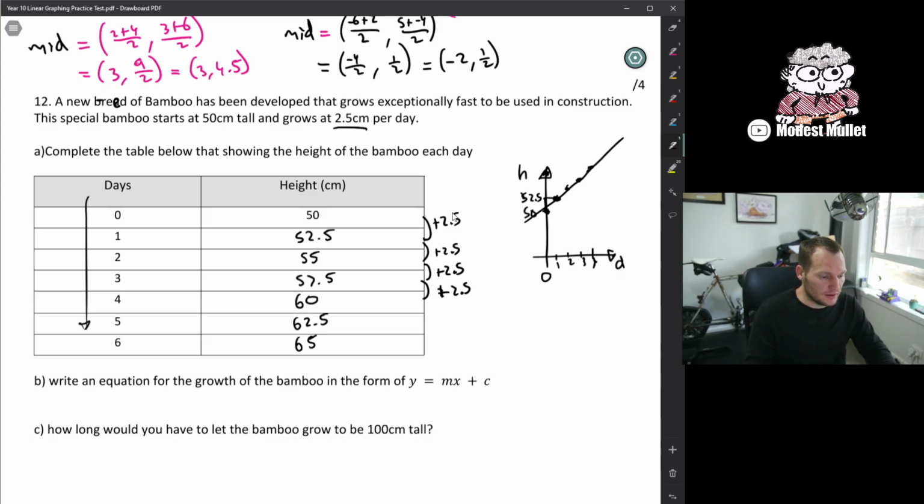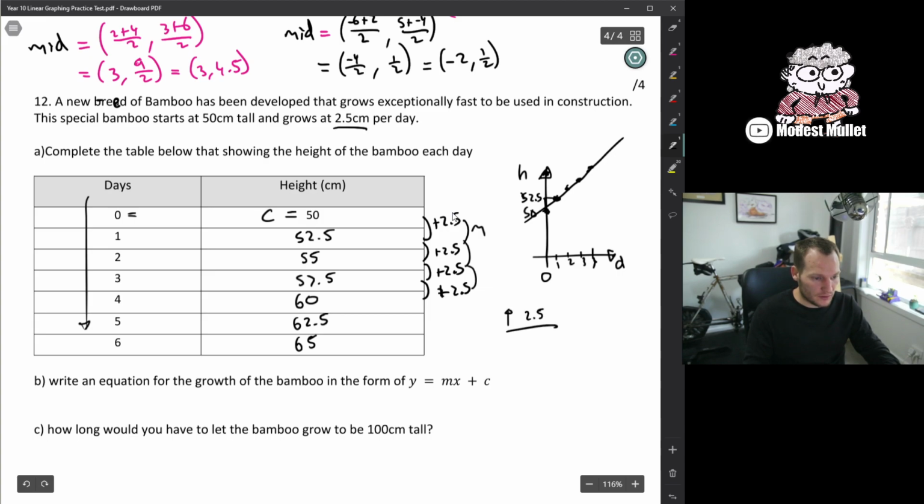So we can see from this idea that its height at its 0 day is equal to its c value, its y-intercept. And then how much it's going up in a single day is equal to our gradient. That goes up 2.5 over going across 1 day. So our gradient is 2.5 divided by 1, which just gives us 2.5.